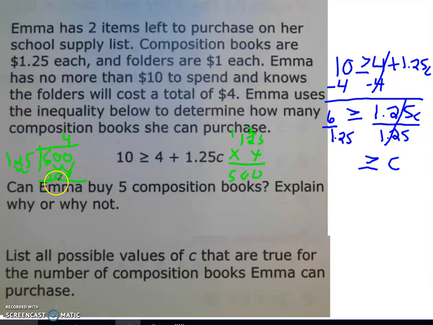We subtract, we get 100. So decimal, decimal, 0. We're going to try times 8. 8 times 5 is 40. 8 times 2 is 16, plus 4 is 20. 8 times 1 is 8, plus 2 is 10. So we have 4.8.